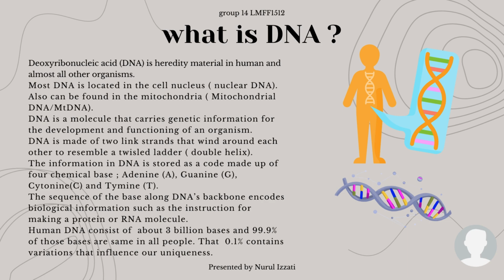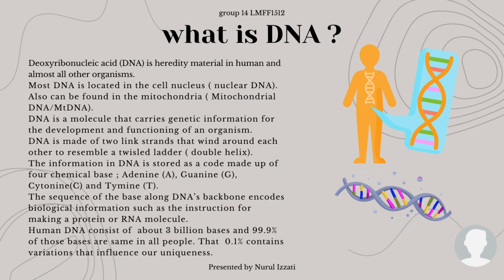DNA is made of two linked strands that wind around each other to resemble a twisted ladder, and we call it a double helix. The information in DNA is stored as a code made up of four chemical bases: adenine, guanine, cytosine, and thymine. The sequence of the bases along DNA's backbone encodes biological information such as the instructions for making a protein or RNA molecule.